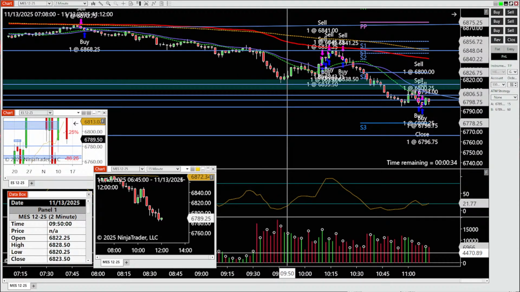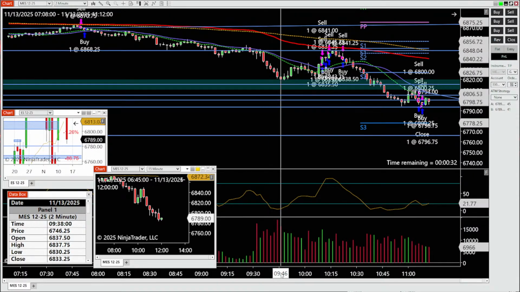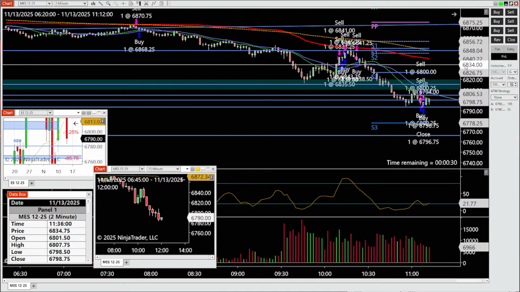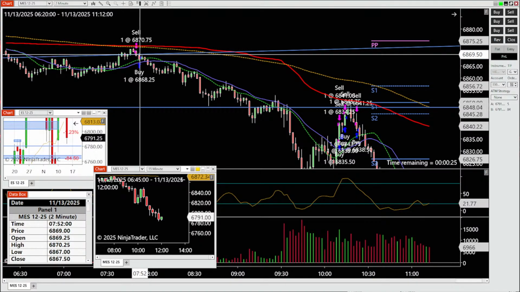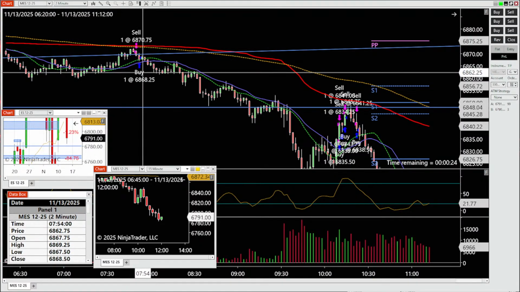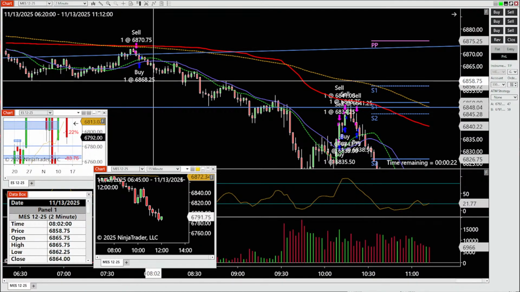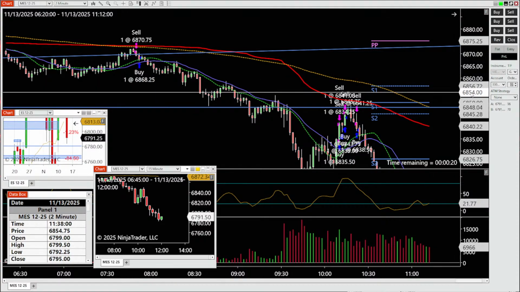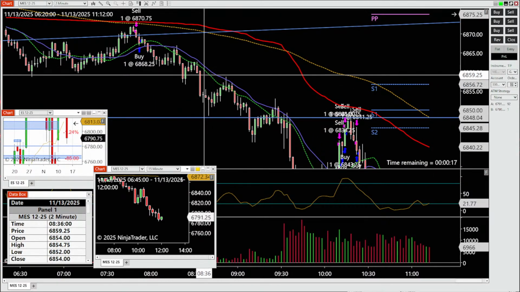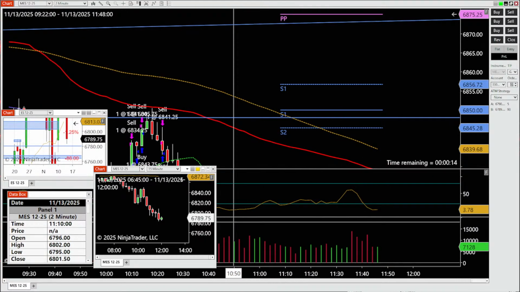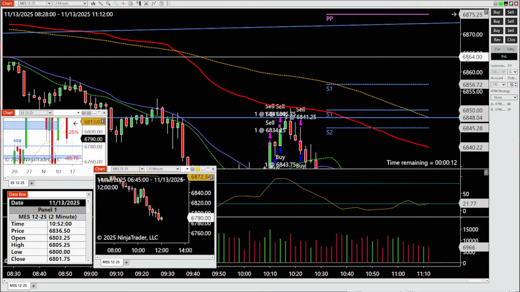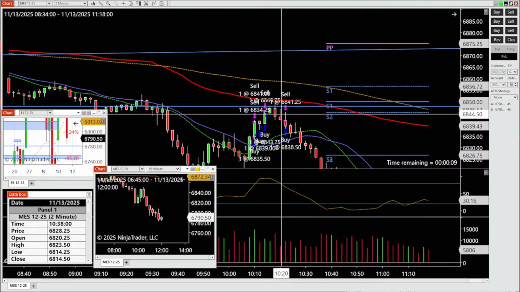I made a trade earlier off of VWAP before the market opened. So I took a VWAP trade short at 70.75 and I bought it back at 68.25. A couple of points. The market came down and we ran back up into VWAP, didn't touch it.